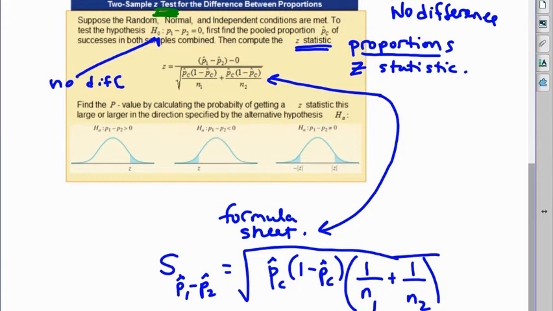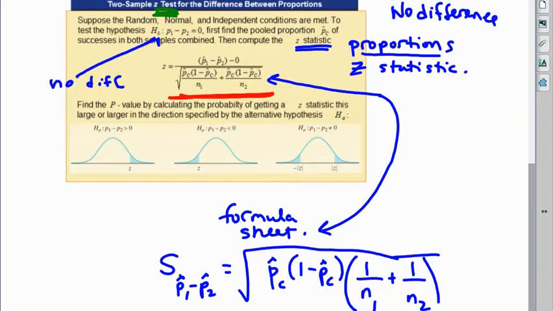But personally, I like this version up here better, because I feel like it's really the same setup as what we were doing. It works every time: I put the pooled value in both places where I would have put P sub 1 and P sub 2.